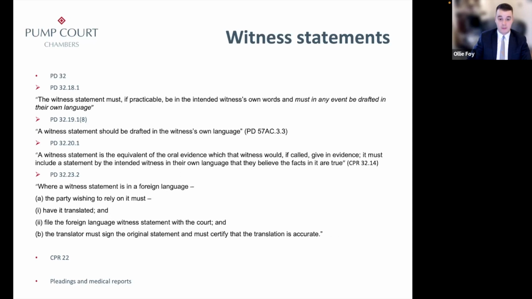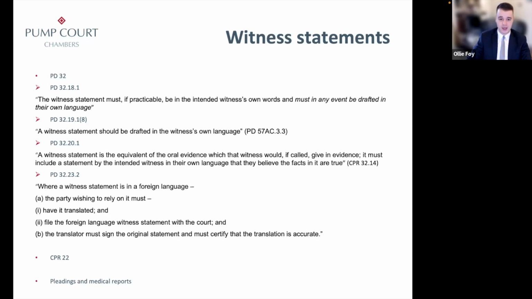These provisions beg the question, don't they? What is the witness's own language? Well, Practice Direction 57AC, paragraph 3.3, which relates to witness statements in the business and property courts, provides some helpful guidance. It says that a witness's own language includes any language in which the witness is sufficiently fluent to give oral evidence, including under cross-examination, if required, and is not limited to a witness's first or native language.